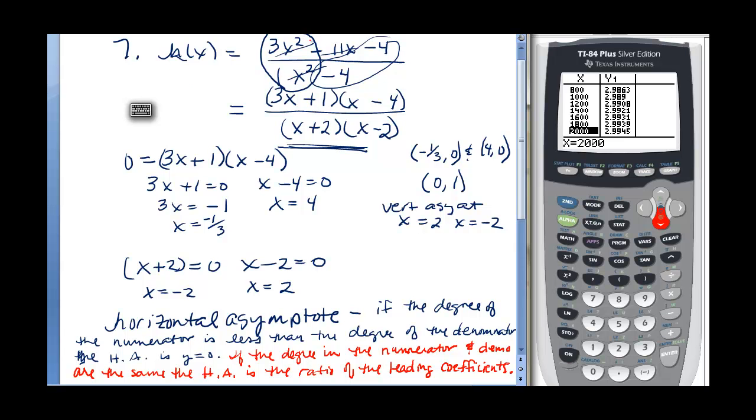Here, since the degree is the same, my horizontal asymptote is the ratio of my coefficients, which is 3 over 1. So I have a horizontal asymptote at y equals 3 for this function.